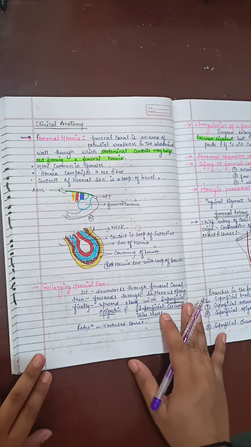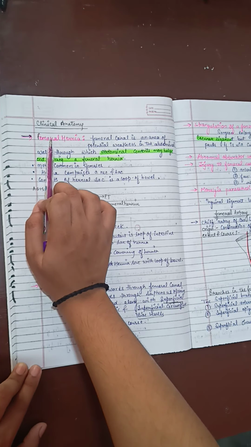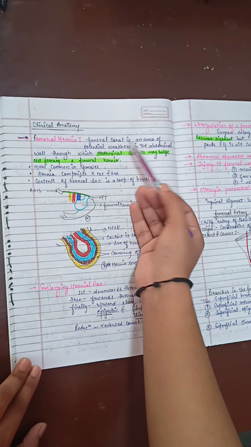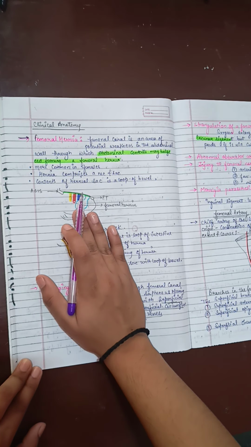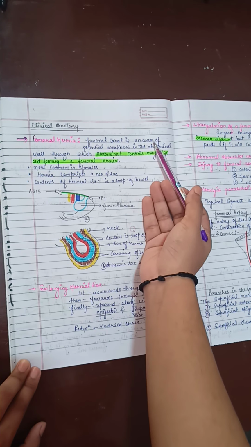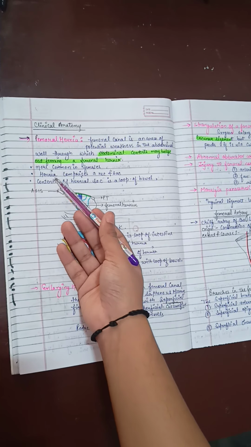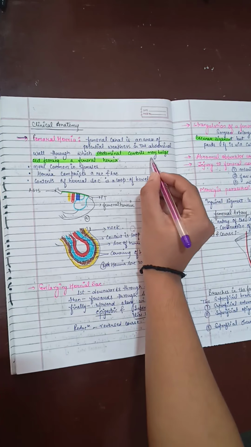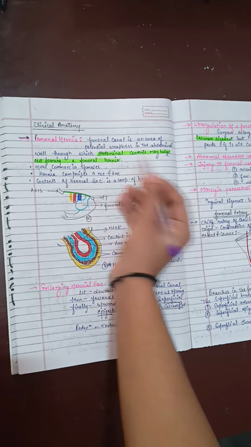Now we can see its clinical anatomy, which is most important. So, femoral hernia, which occurs in the femoral canal, in which a lymph node is present. The femoral canal is an area of potential weakness in the abdominal wall, through which the abdominal contents may bulge out, forming a femoral hernia.